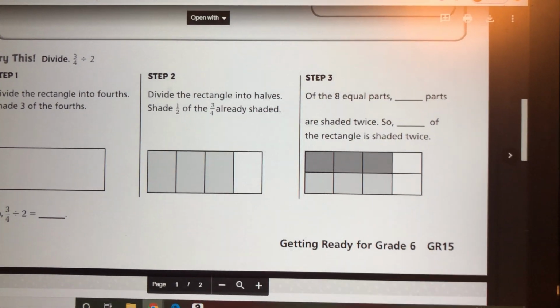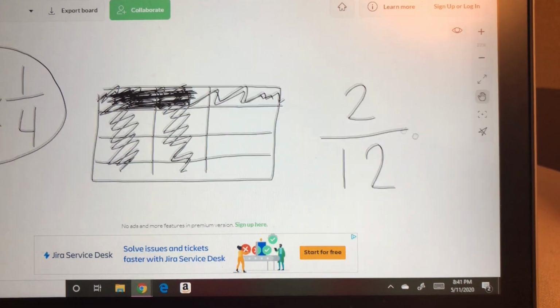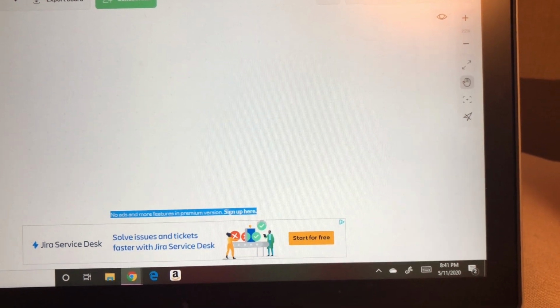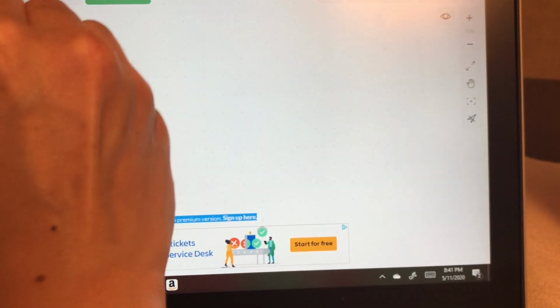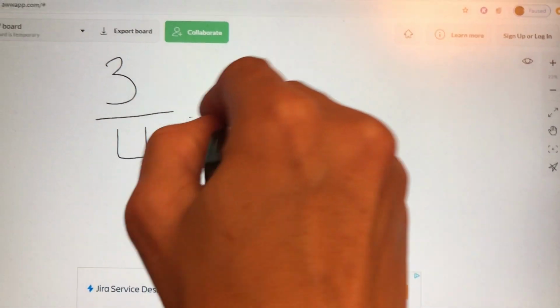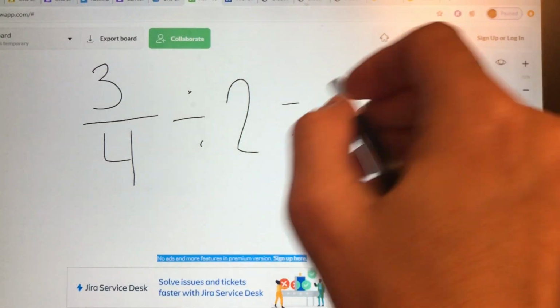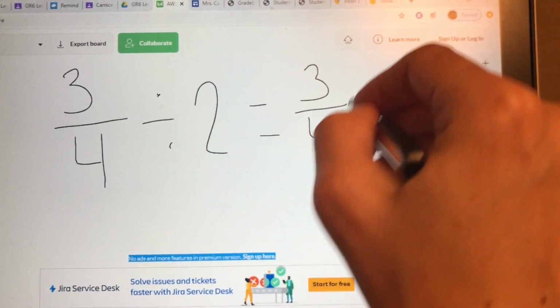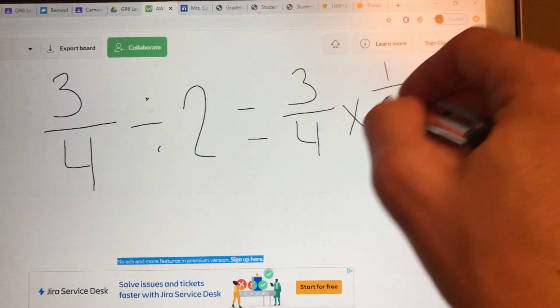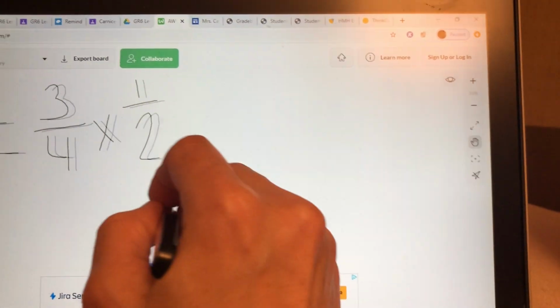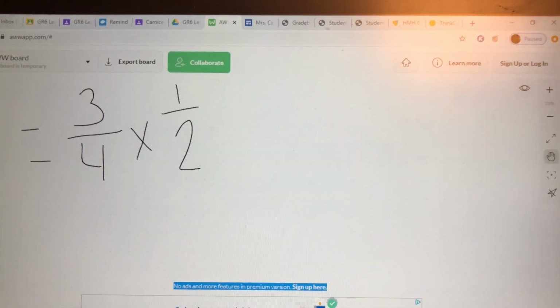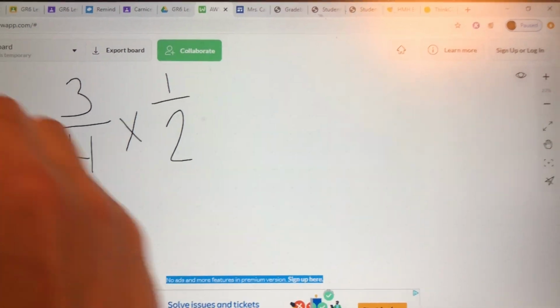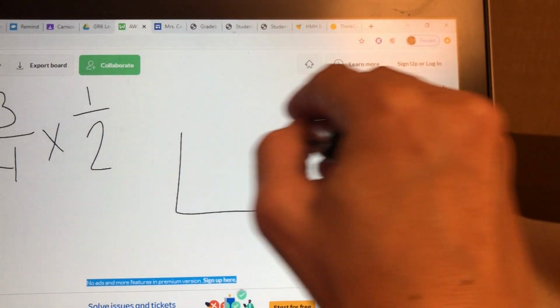3/4 divided by 2. Okay, 3/4 divided by 2. Again, we're gonna keep, change, flip a whole number, becomes a fraction. Okay, so now we have 3/4 times 1/2. Let's draw our rectangle.